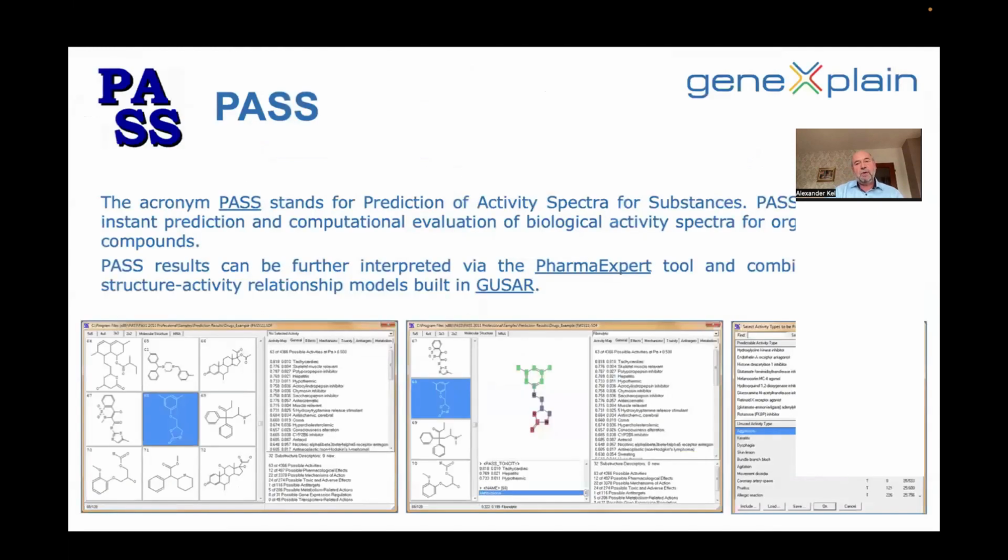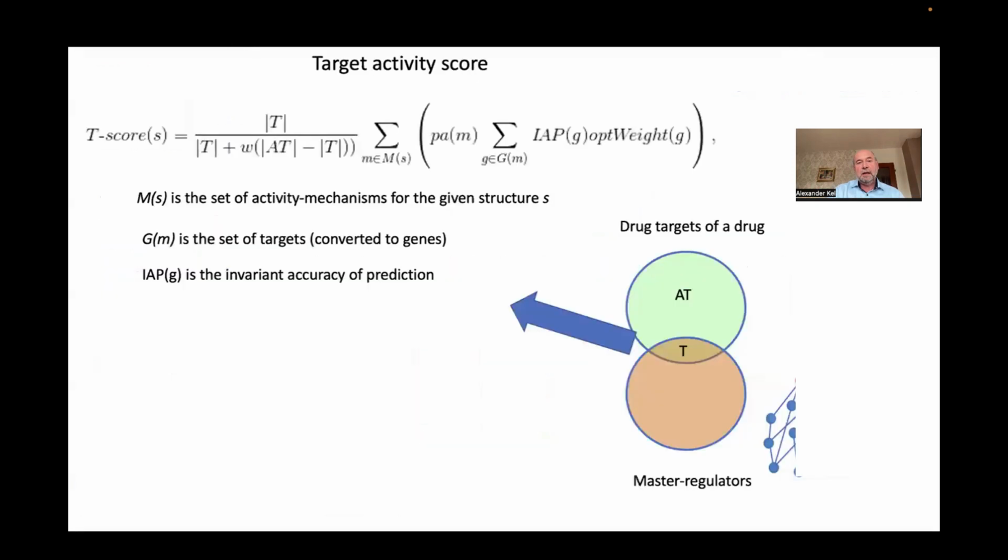But most important for us in the context of this symposium is whether, when we found those drug targets, we can do drug screening using some programs from chemoinformatics, for instance, PASS. And as we talked today a lot about screening in this symposium, we also made attempts to convert this PASS output into a screening score. Using this, we call it a target activity score, we are screening not the whole variety of genes in the genome, but only those which we found in our master regulator search.